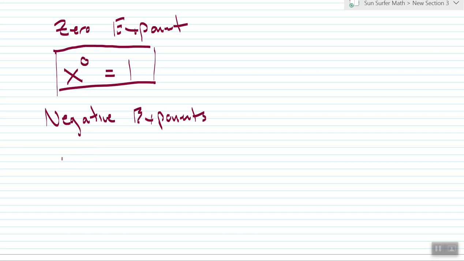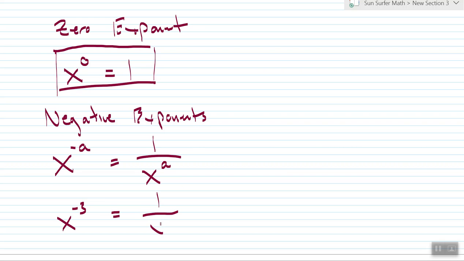And the basic rule is if you have a variable, let's say x, and it's raised to some negative a power, then we can simply rewrite this as 1 over x to the positive a power. An example of this would be x to the negative 3. We can rewrite this as 1 over x to the positive 3.